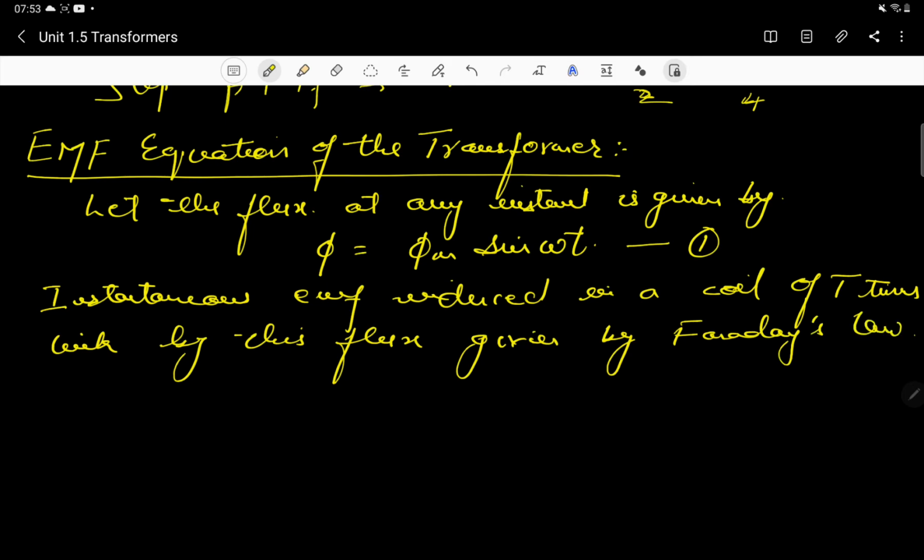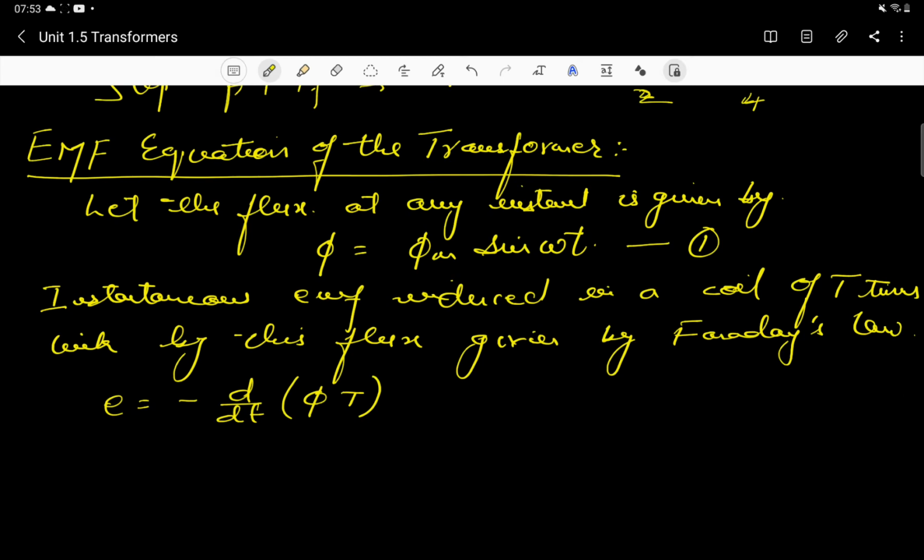Now what does Faraday's law state? Faraday's law states that EMF should be equal to minus d over dt of the flux times the number of turns. The change in the flux produces the EMF.